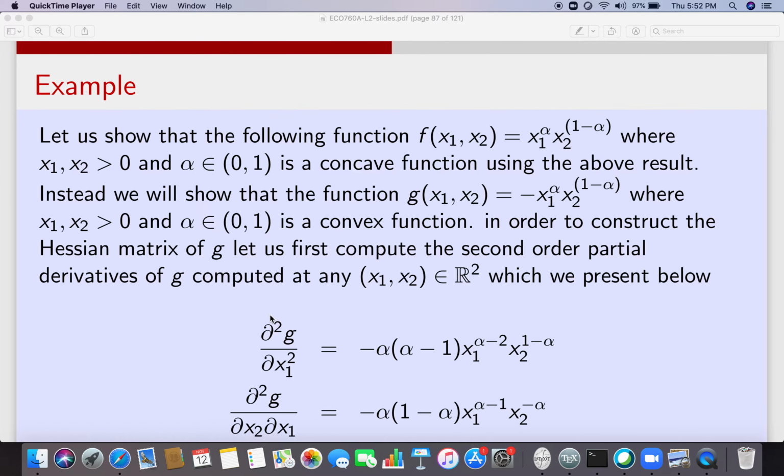So let us come to an example. Let us show that the following function, which is very important for economists, x1 to the power alpha times x2 to the power 1 minus alpha, is sometimes called the Cobb-Douglas function, where x1 represents the capital input and x2 represents the labor L. This is a kind of production function, with their respective weightage.